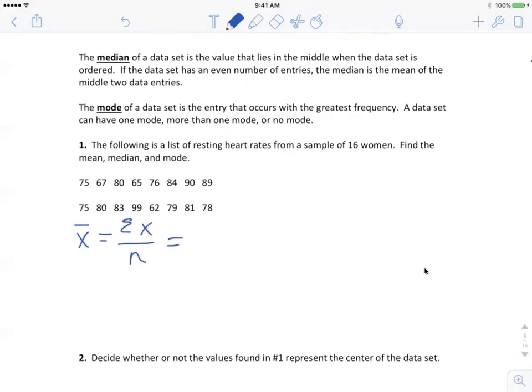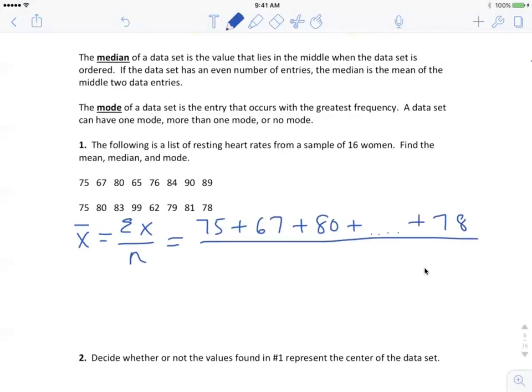So sum of x's just means you're taking and adding up all of those values. I'm not going to write them all. I'm going to type them all into my calculator and hit enter, and then I'm going to divide by 16 because there are 16 numbers. Okay, so let me try that in my calculator now.